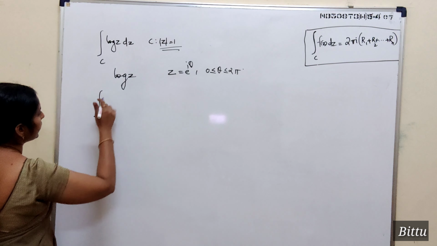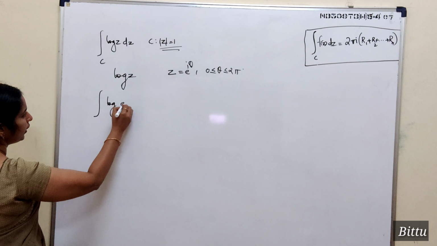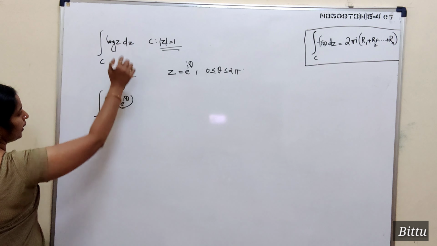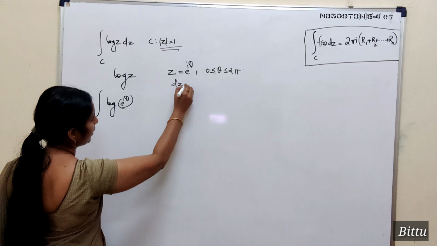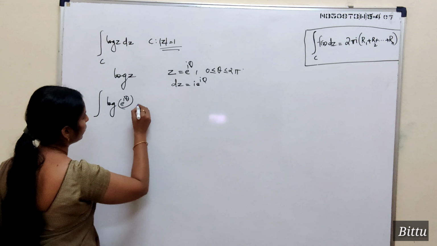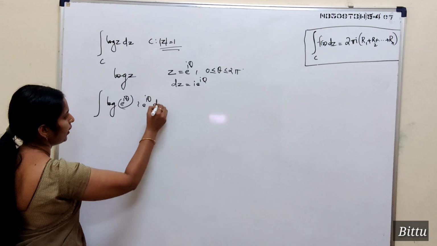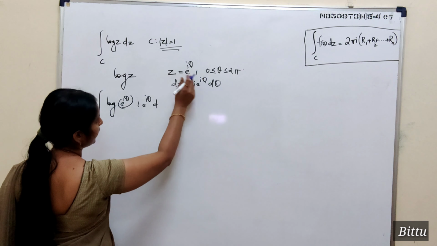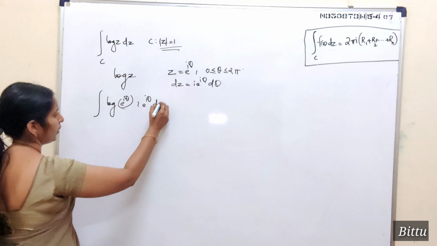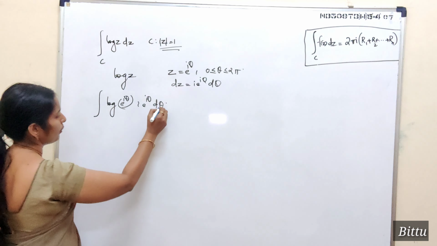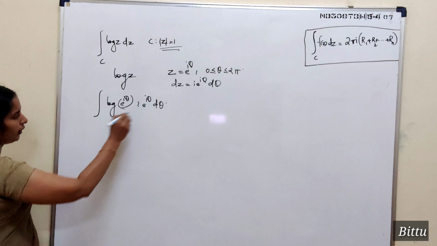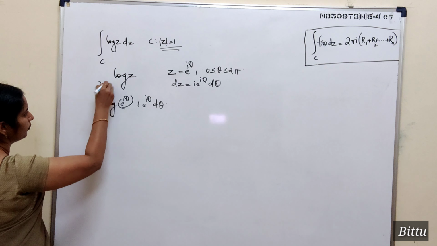On the circle, z is e raised to i theta. So log of e raised to i theta into dz. What is dz? i e raised to i theta d theta. Here theta varies from 0 to 2 pi.